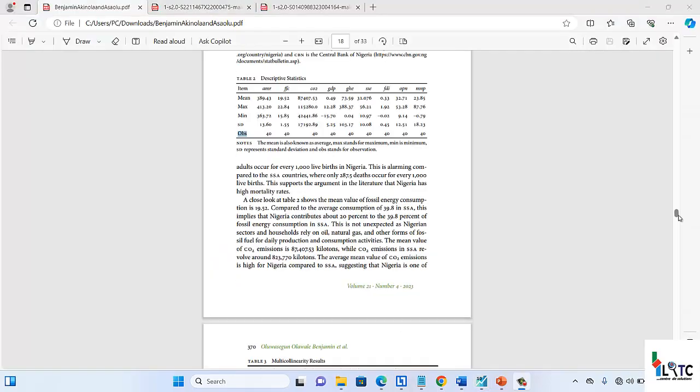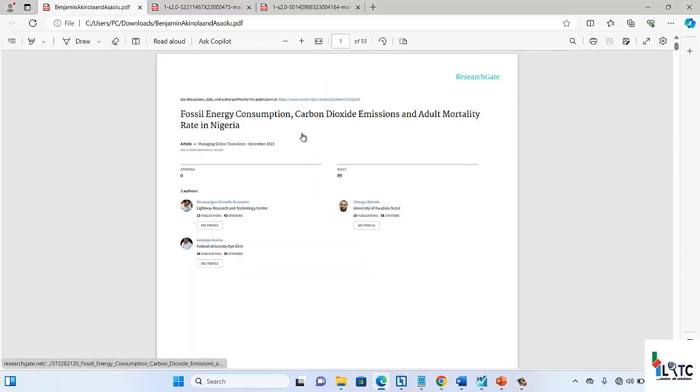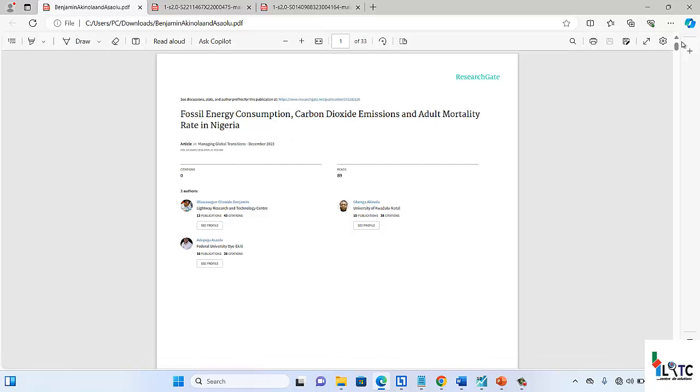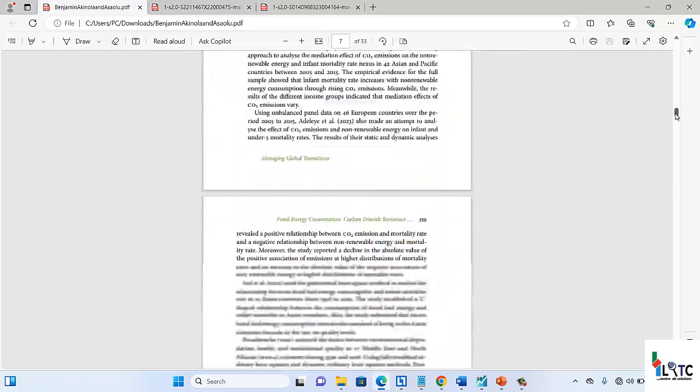The first paper I will take a look at is on energy consumption, carbon dioxide emission, and adult mortality rates in Nigeria. Now let us look at what statistics the authors presented and how they interpreted them.